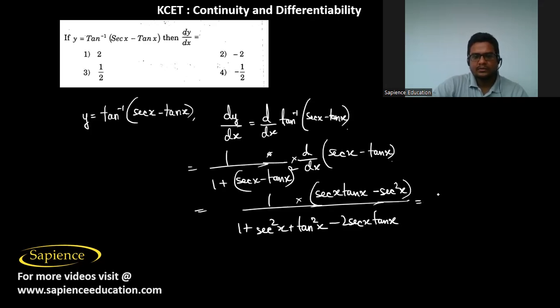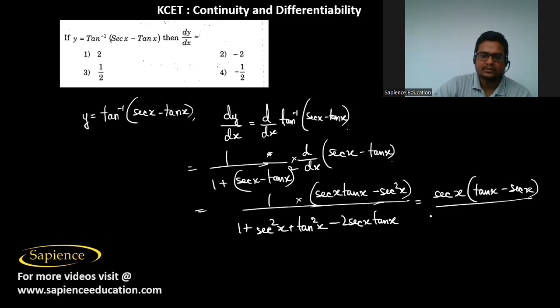So this will be equal to, from here sec x I can take as common, so sec x into tan x minus sec x divided by 1 plus tan square x, that is sec square x. So this will be 2 sec square x minus 2 sec x tan x.